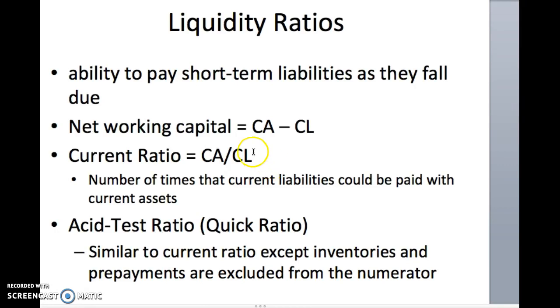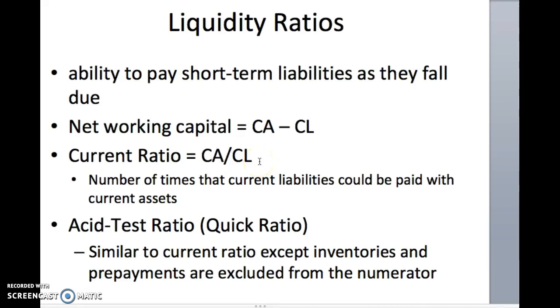So actually what you do here, the label for this would be, say, after you divide the number, it's times. So for example, you get 5. So that means your current assets can cover for your current liabilities 5 times. In this ratio, the higher number you get, the better.